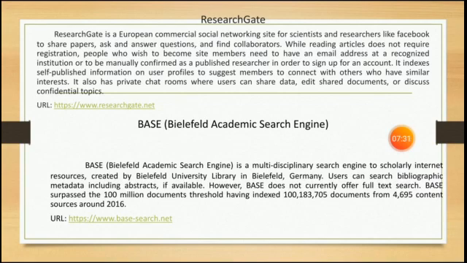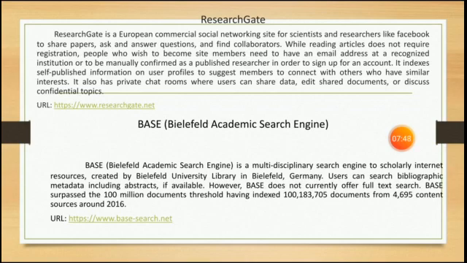ResearchGate indexes self-published information on a user profile to suggest members to connect with who have similar interest areas. So like Facebook, one can connect with friends on ResearchGate.